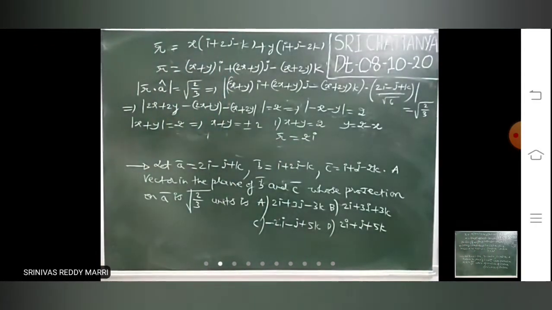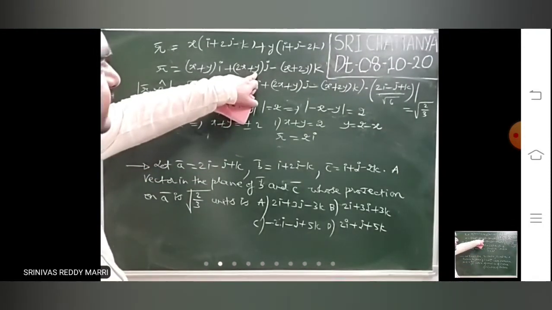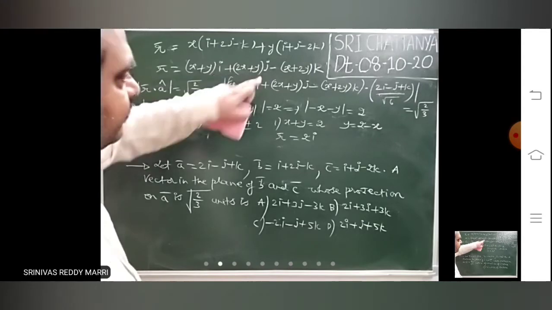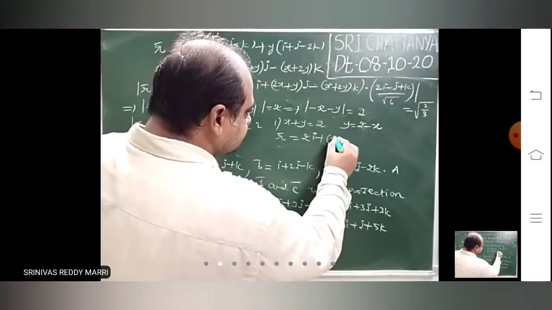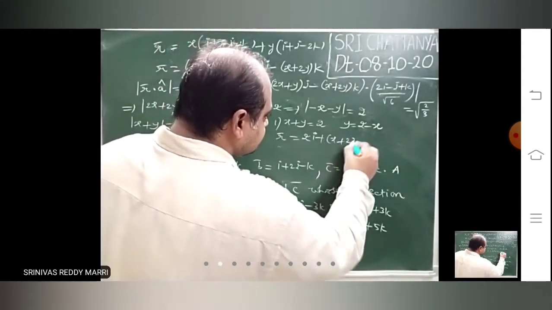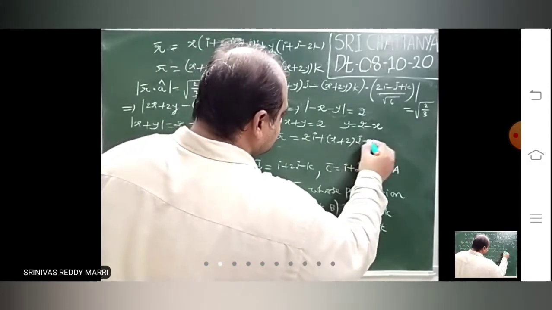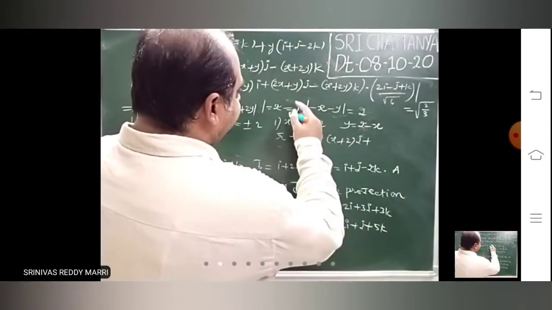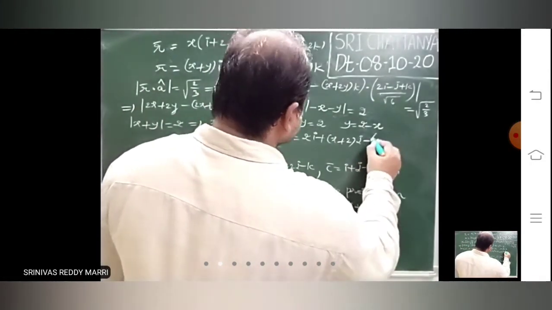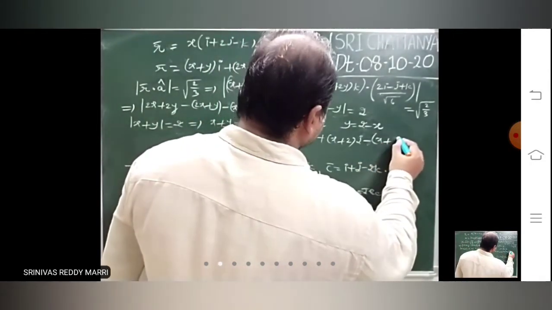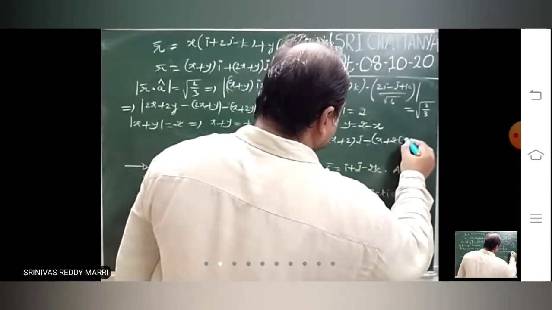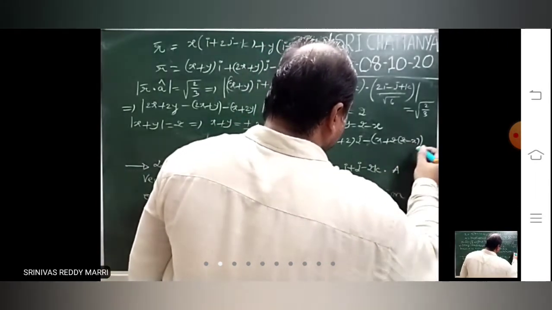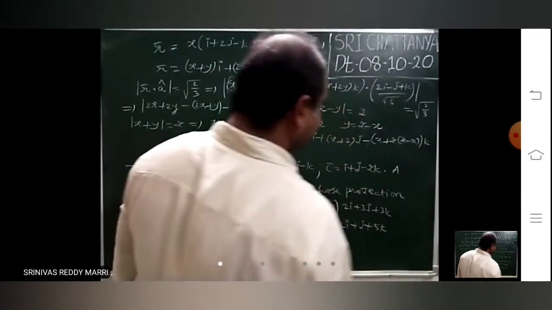Now substitute y equal to 2 minus x: x plus 2 into j, and minus of x plus 2 into 2 minus x into k.